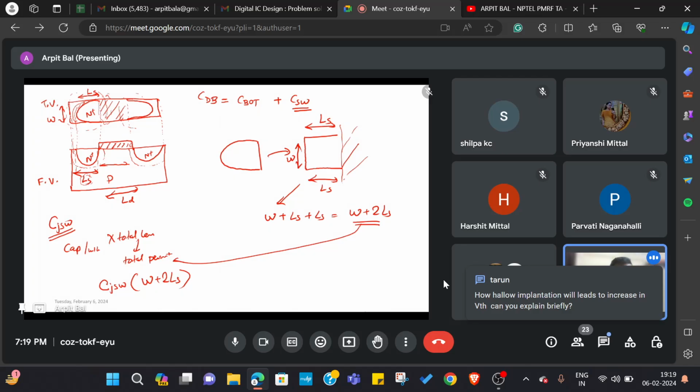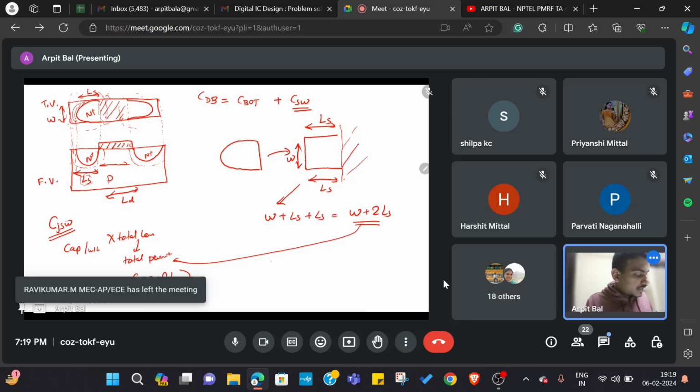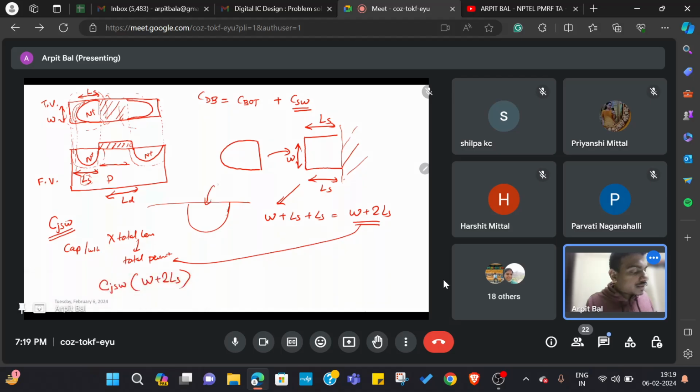It leads to an increase in VTH. Okay, yeah, sure. So as I mentioned, if we go on increasing this, let me call this VD, and this is my N plus and this is P. If I go on increasing the VD, my depletion region is going to increase, right?